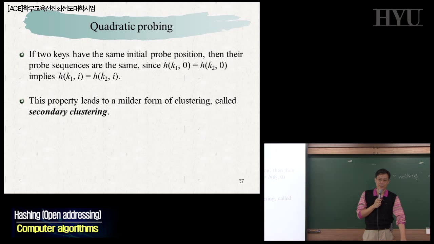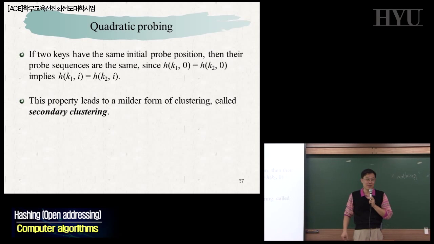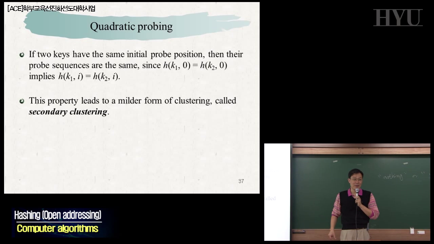That is, if two keys are hashed to the same slot, then their probing sequences are all the same. Do you understand?